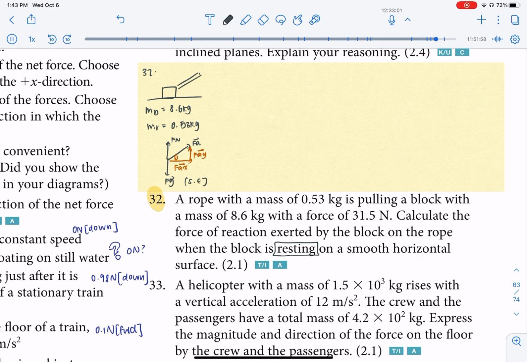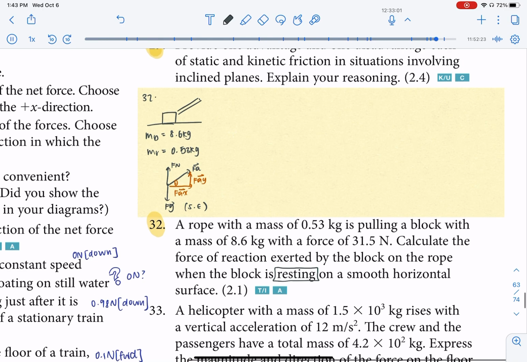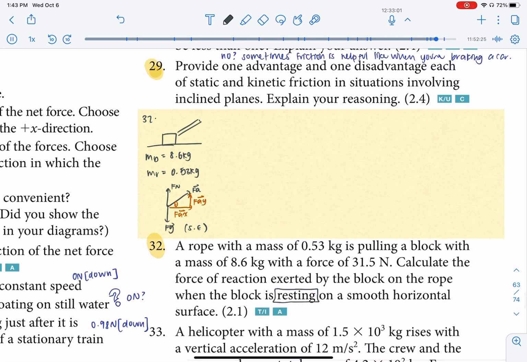So if I make that my positive x direction, then, Andre, just have your kinetic friction slowing it down. There's no applied force. I forgot to see the acceleration. Okay. So you're good? Yeah. Okay.